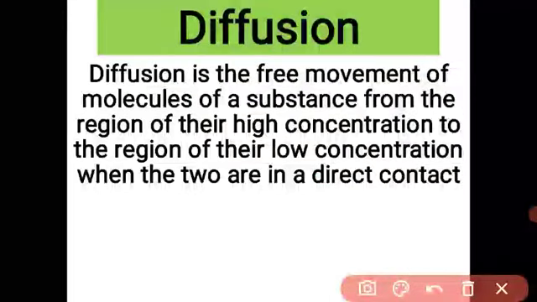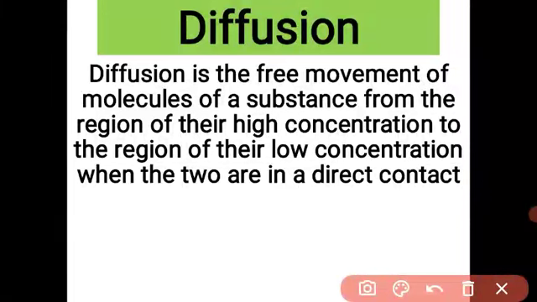Understood? Same like that, in the plant the root absorbs water from the soil. In the soil there is a high concentration of water and minerals as compared to the root. So, by the process of diffusion, the root can absorb water and minerals from higher concentration to lower concentration through direct contact.